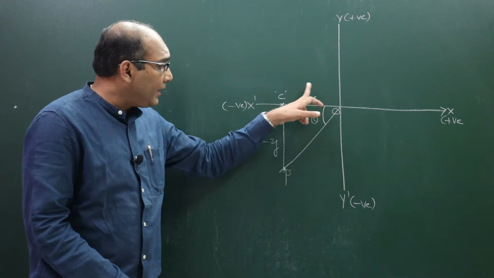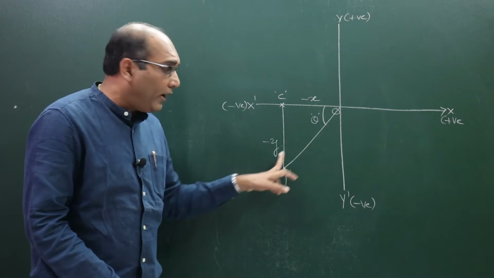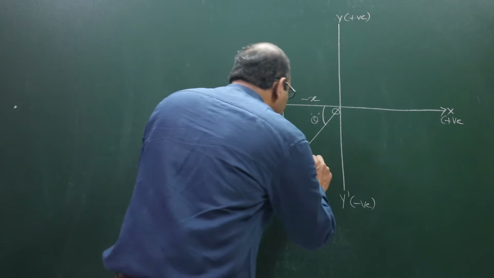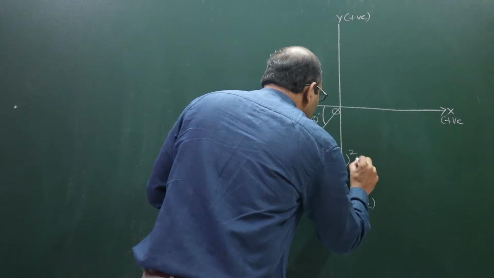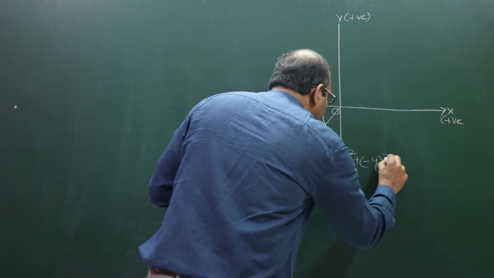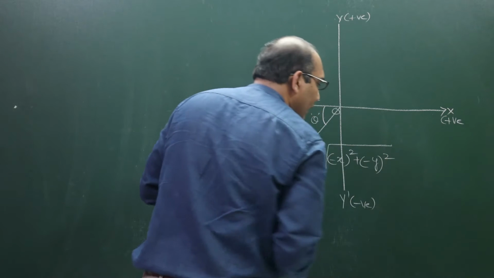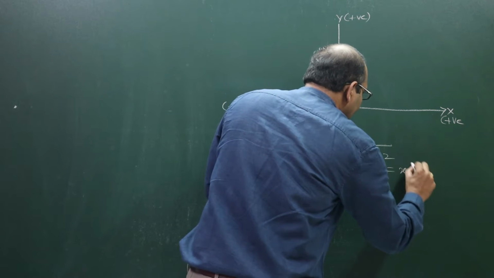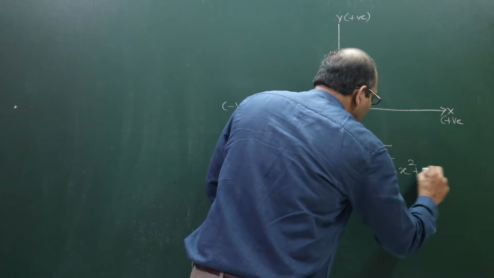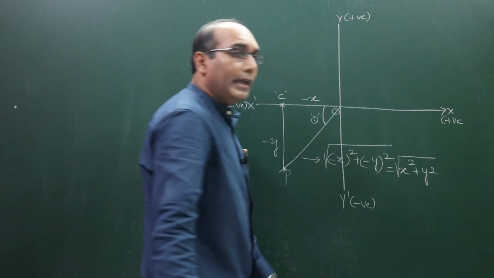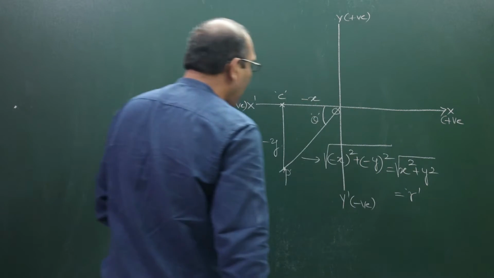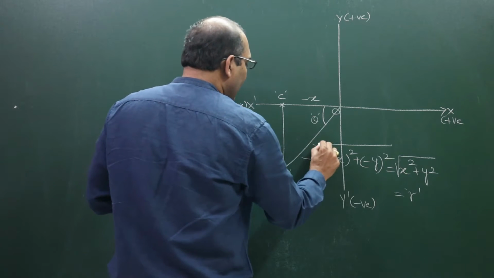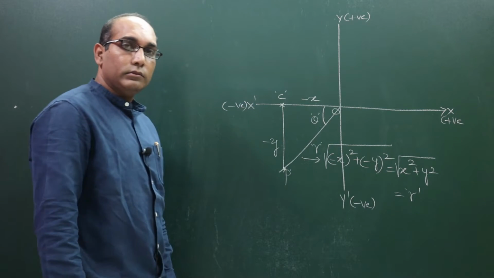Now, with negative x, negative y, the diagonal is the square root of negative x whole square plus negative y whole square, that is x square plus y square, purely positive. Let it be r. Now this OP value will be r.